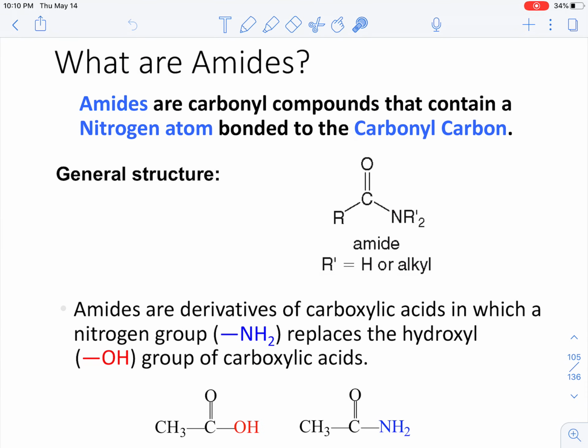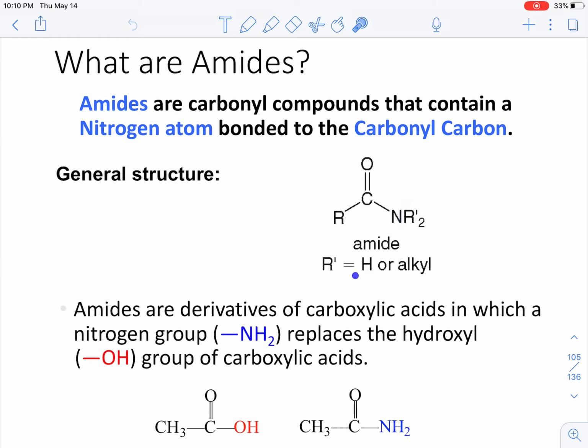It turns out that amides belong under the carbonyl family, meaning that this functional group has this very distinctive carbonyl group. What makes this carbonyl group an amide is that its carbonyl carbon is covalently bonded to this nitrogen. In turn, this nitrogen is covalently bonded to two of these R groups.